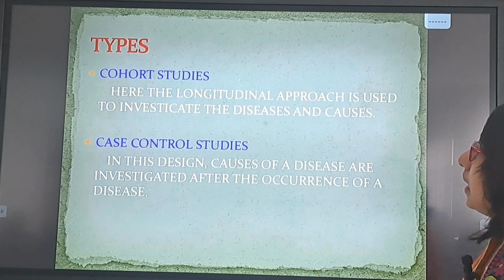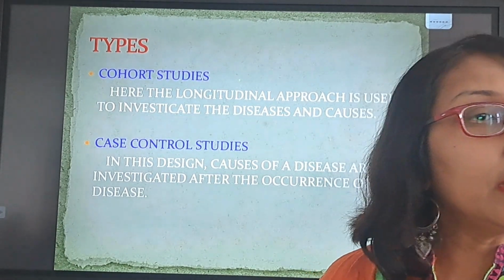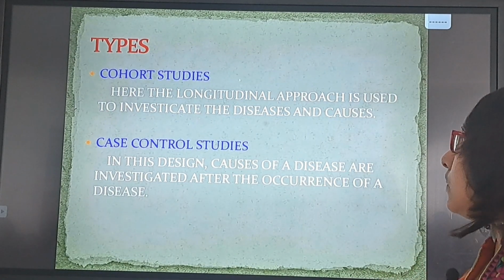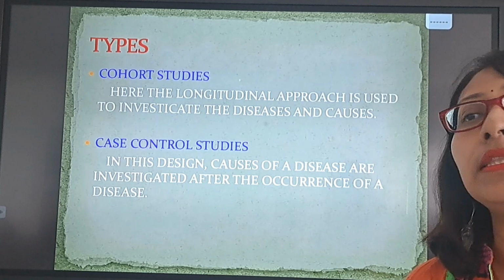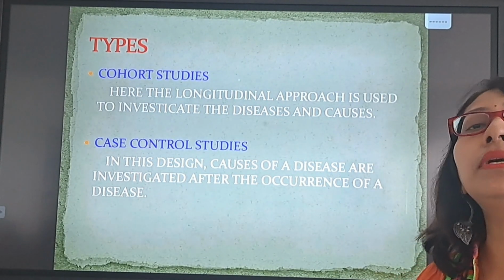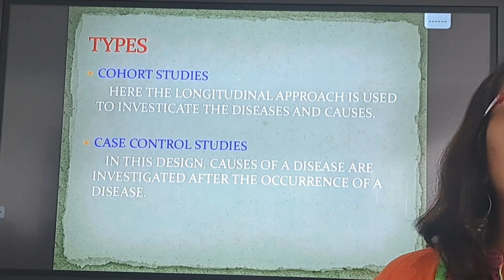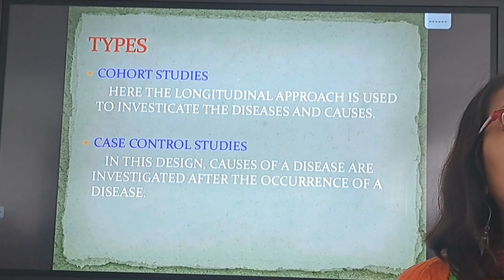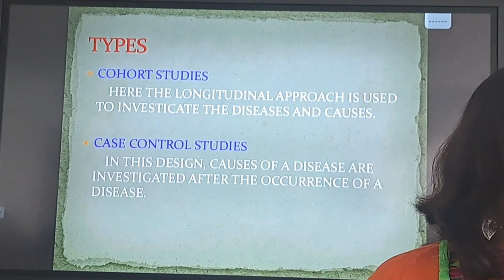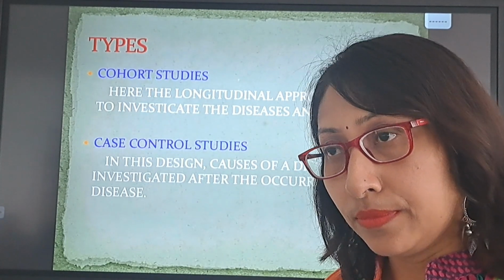Now, what is a cohort study? Again, you see it is a longitudinal kind of study, because in cohort studies we investigate the disease and the causes for a certain lifetime period. For example, you want to check what health condition deterioration takes place among women between the age group of 30 to 40 years.